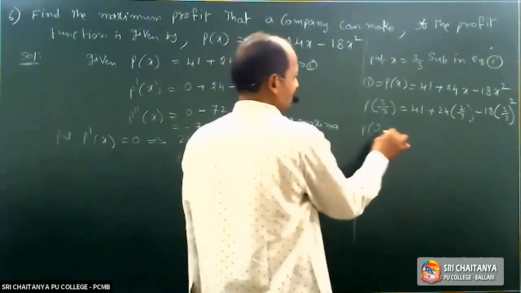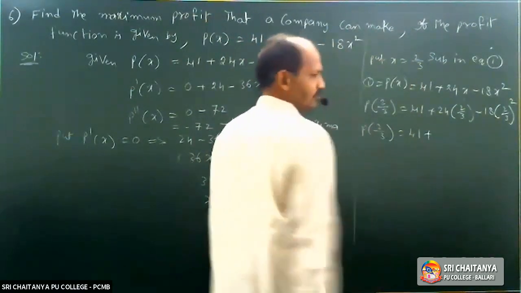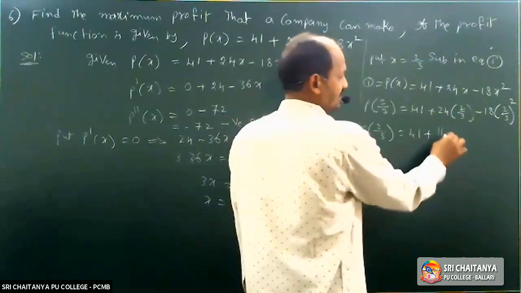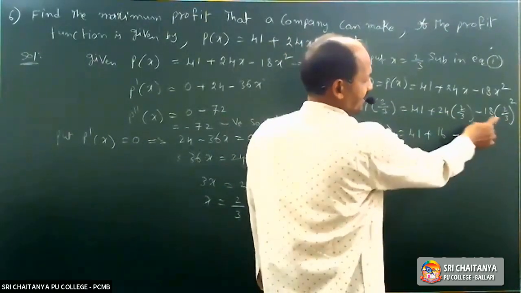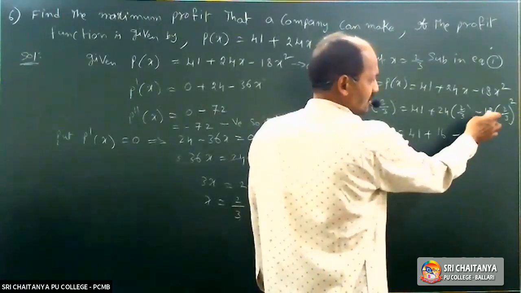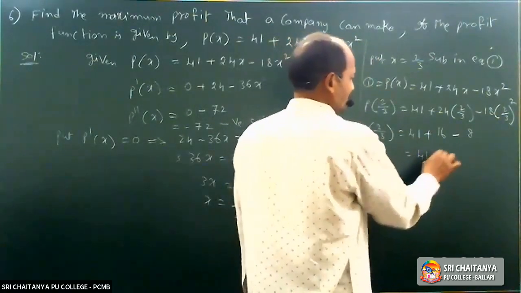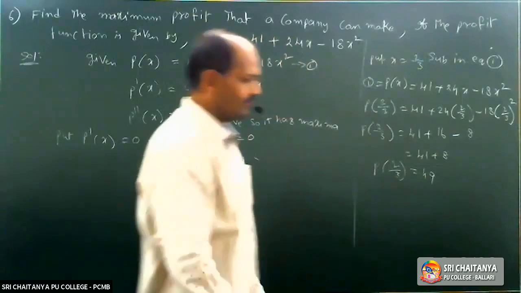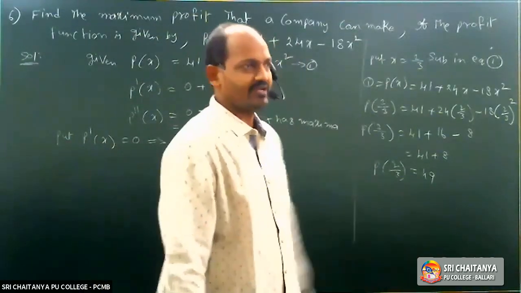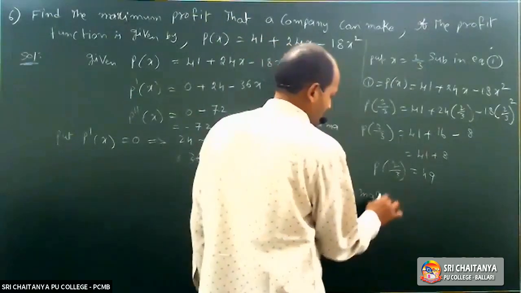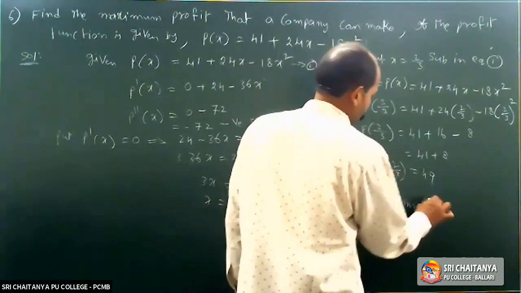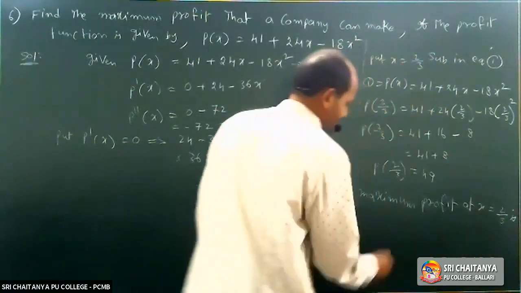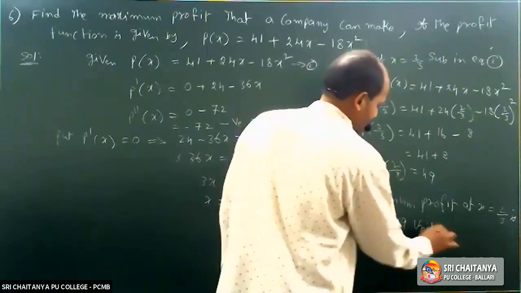So it is 41 plus 16 minus 8, which is 41 plus 8. We get 49. Therefore, maximum profit at x equal to 2 by 3 is 49 units.